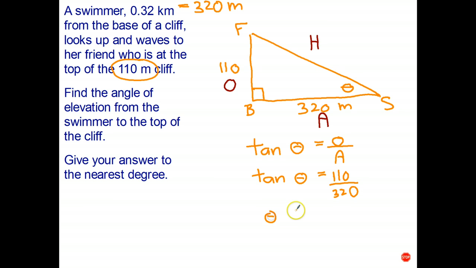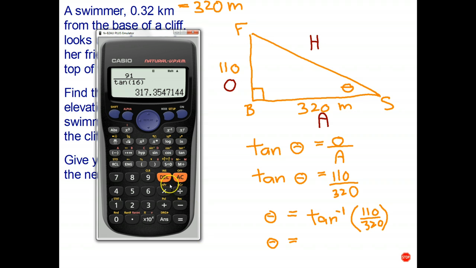So to find the angle, we have to take the inverse of tangent. So inverse of tangent. And again, just keep that as a fraction. No need to change it to a decimal or no need to simplify it. And now it's just a matter of typing that carefully into our calculator.